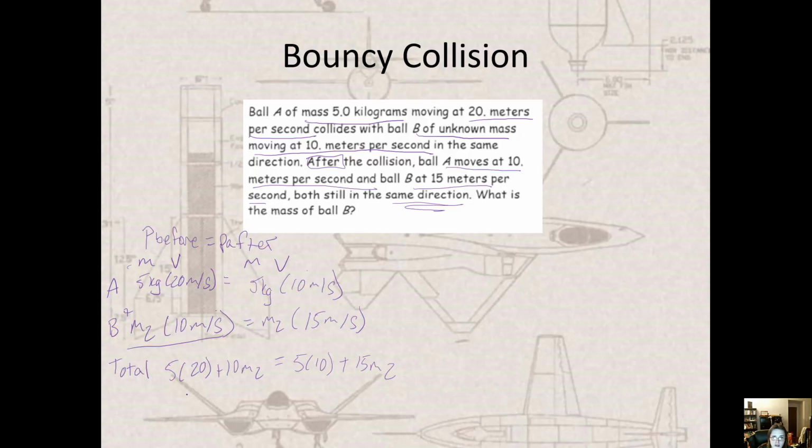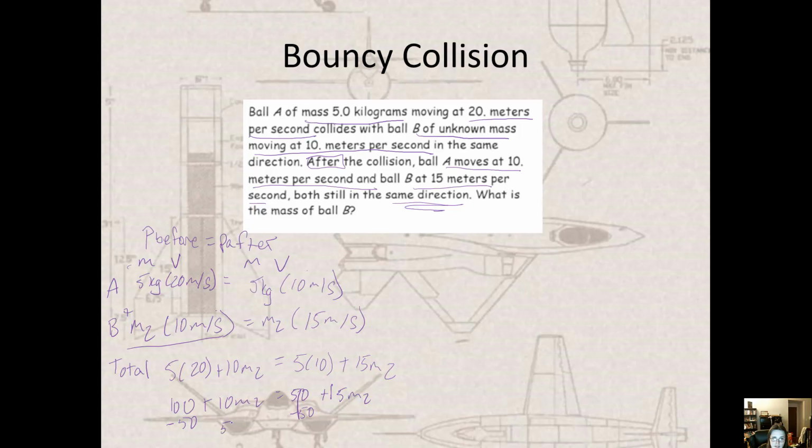So then it's 5 times 20 is 100, so 100 plus 10 M2 is equal to 50 plus 15 M2. Subtract over 50.